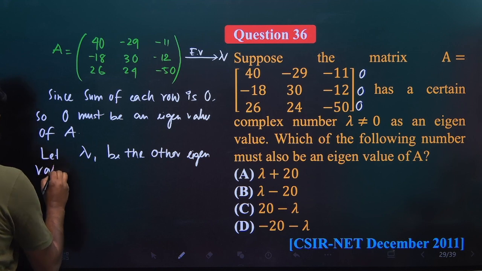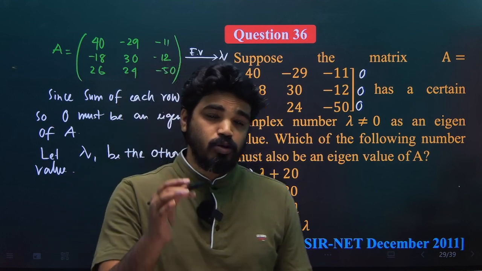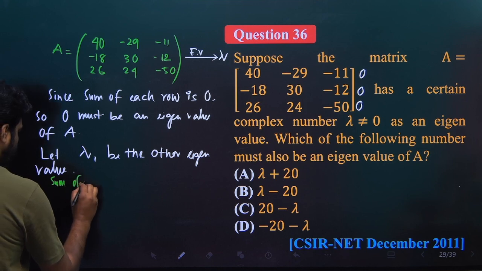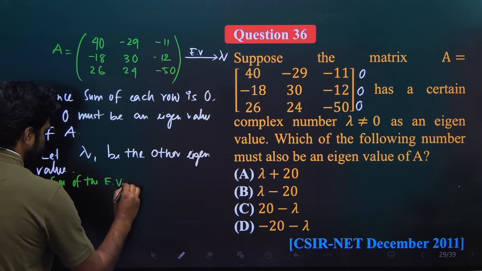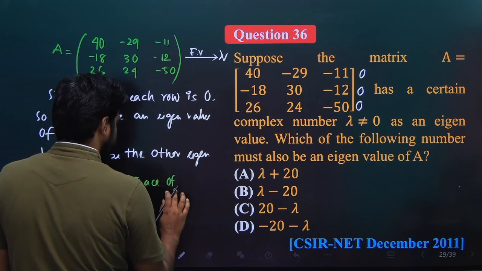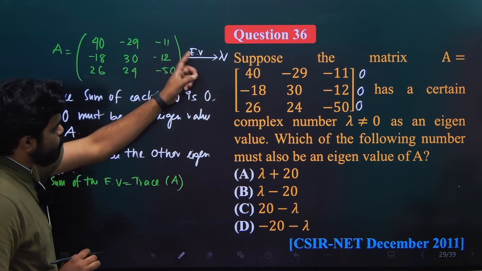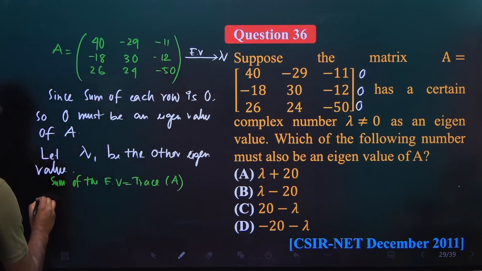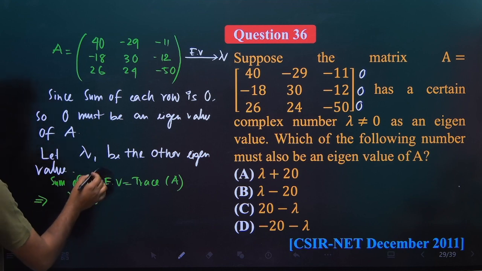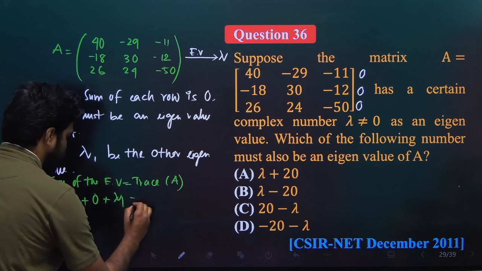We know this property: the sum of the eigenvalues is equal to the trace of the matrix, that is trace of A. One eigenvalue is lambda, another is 0, and lambda 1 is the other.